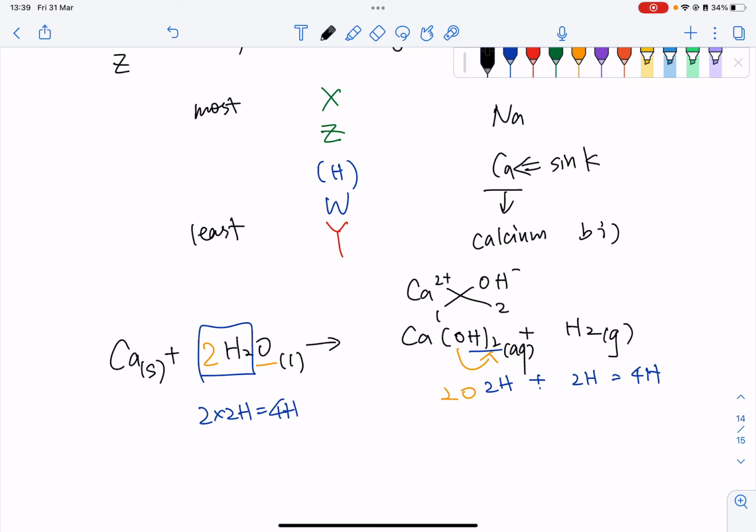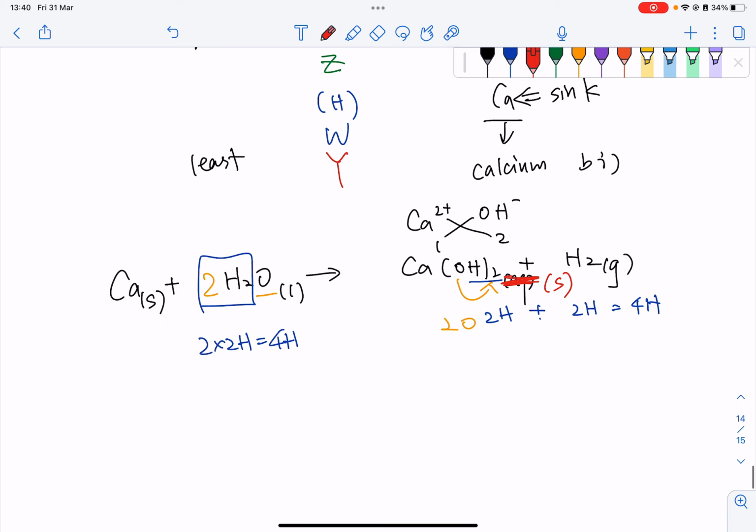Let me double check it. The book here has written solid, so we will consider this one a solid as it only slightly dissolves in water. So please write solid for calcium hydroxide. Alright, so this will be the balanced chemical equation here.